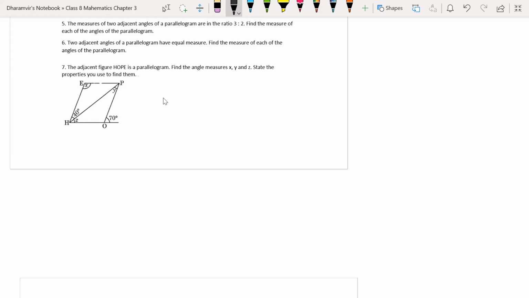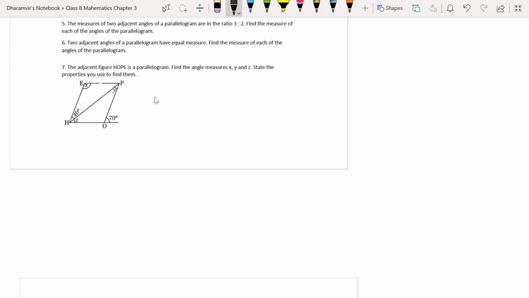We have studied that in a parallelogram, the opposite angles are always equal, as well as opposite sides. Adjacent angles are supplementary. So we use this property and we can calculate the values of x, y, z.